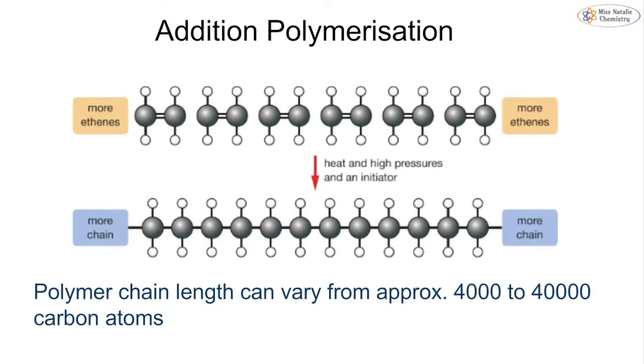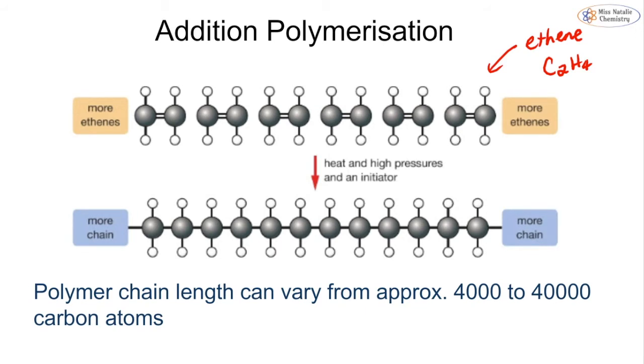So what does this actually look like? Well, what we have is we get all of our ethene monomers. So this is your ethene, which is C2H4, and we join them all up together. You can see that they're all in a row here, and we've got our double bonds.